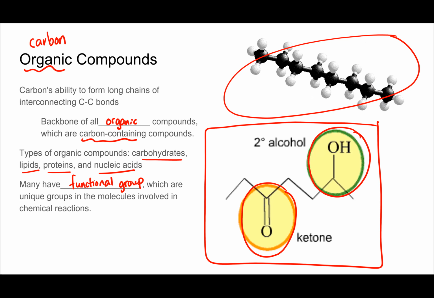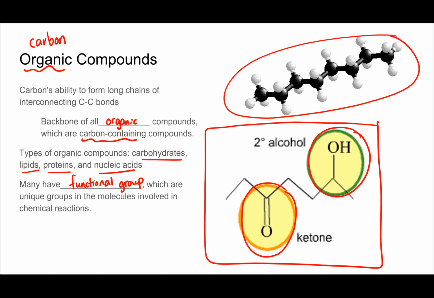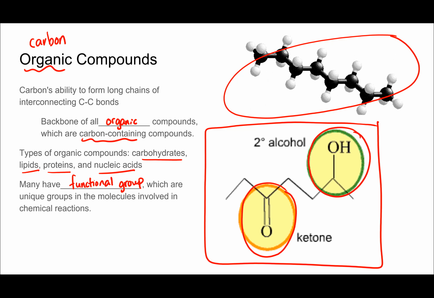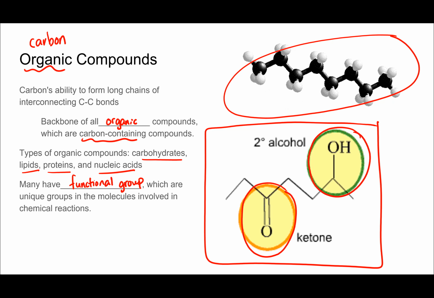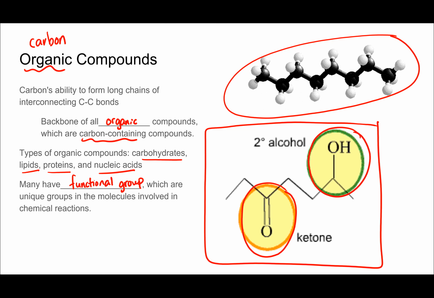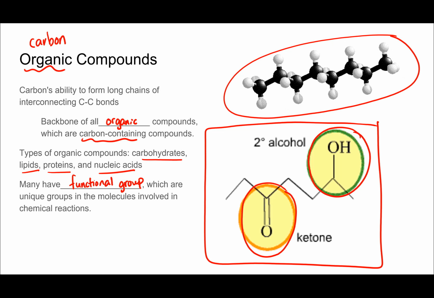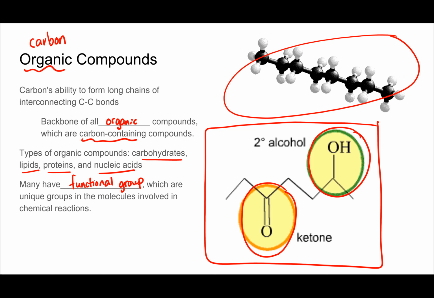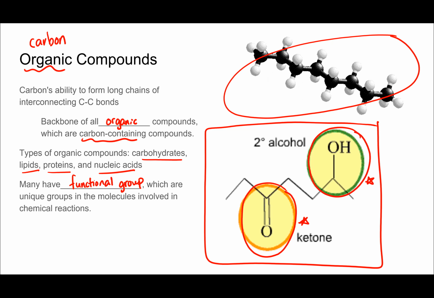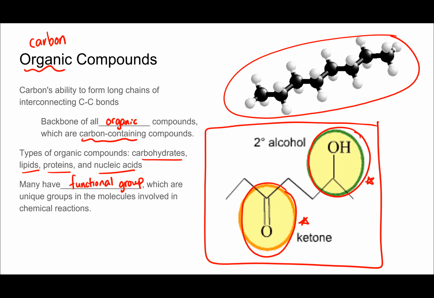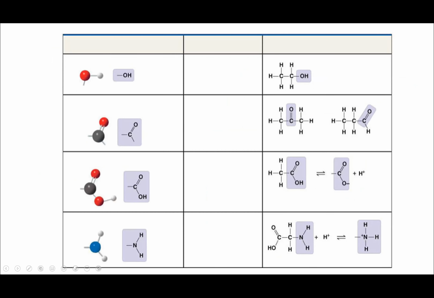They each have their own unique name. You're expected to know their names, and it's very helpful to be able to recognize them. When a chemical reaction occurs between 2 molecules, these are the parts that are going to break or form connections with other molecules. So let's start with our first functional group.